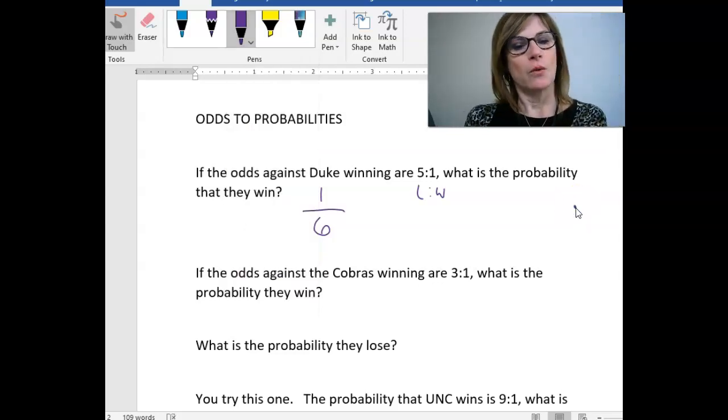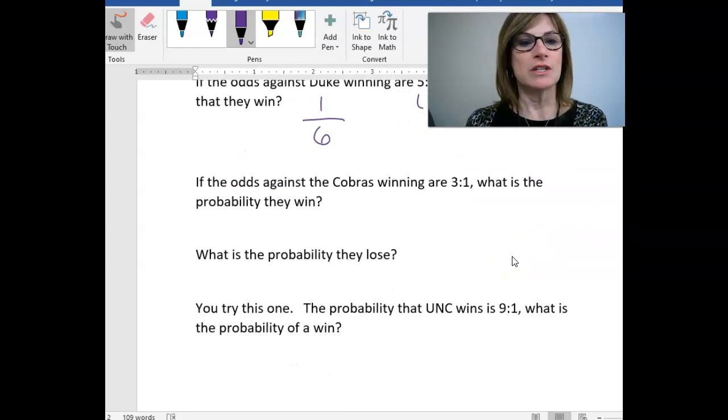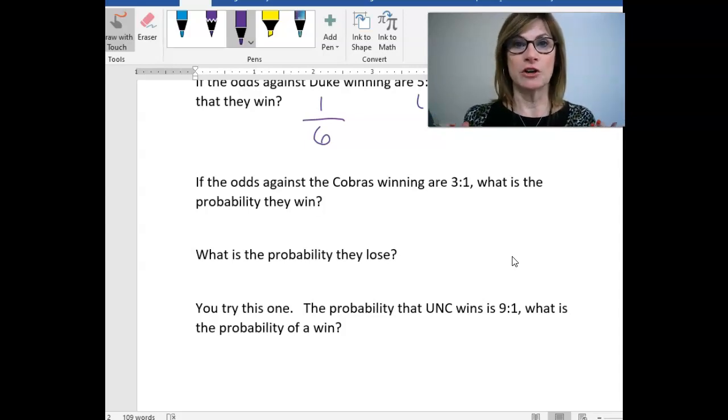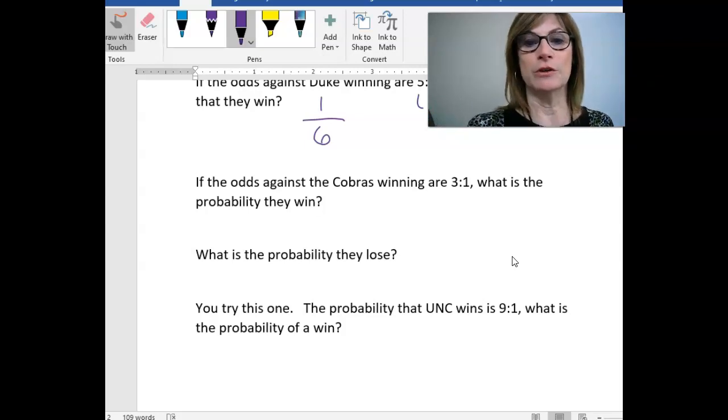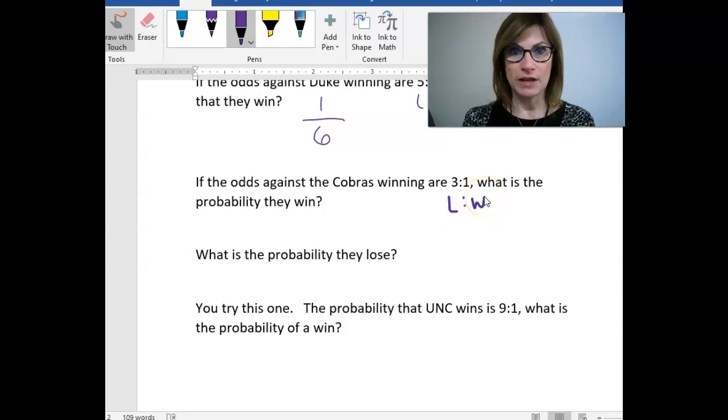Okay. What are the odds against the Cobras winning? The odds against the Cobras winning are 3-1. What is the probability that they win? So you look at that and you go, in theory, if they were to play our tournament 4 times, they would lose 3 times. They would win 1 time.